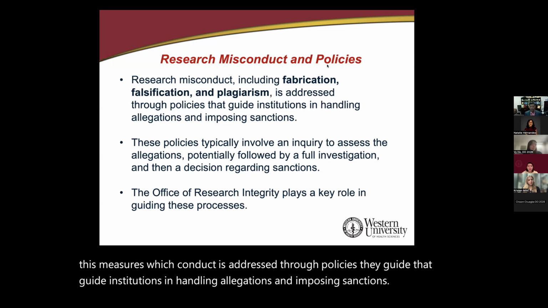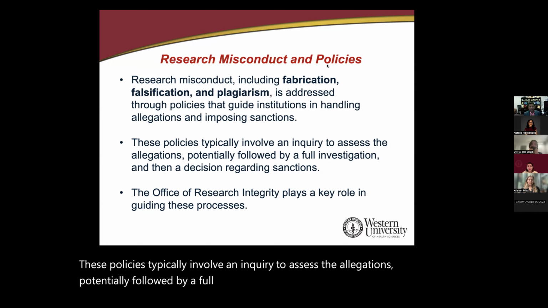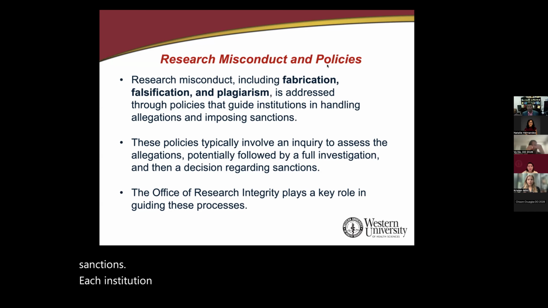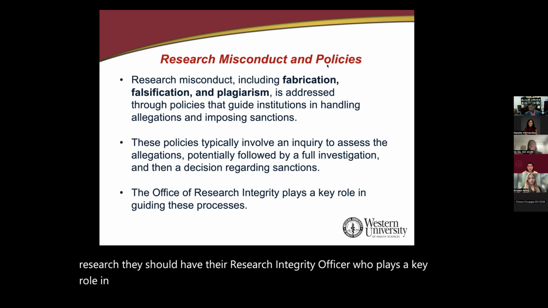These policies typically involve an inquiry to assess the allegations, potentially followed by a full investigation, and then a decision regarding sanctions. Each institution has an office of research, and within that office they should have a research integrity officer who plays a key role in guiding these processes.